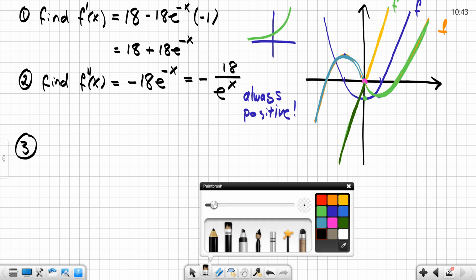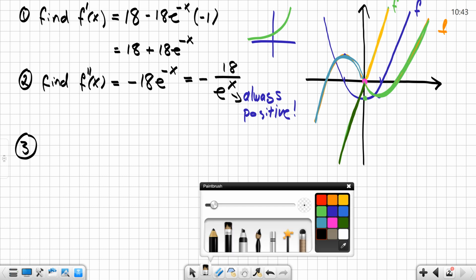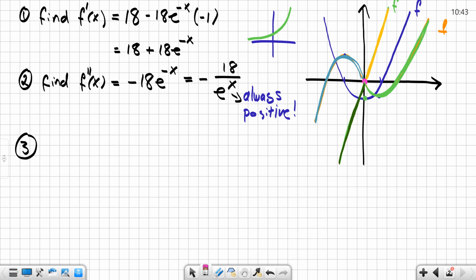A moment, let's make clear that the denominator is always positive. So since the denominator is always positive, the overall expression is, of course, going to be always negative.